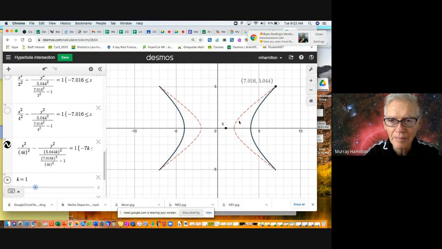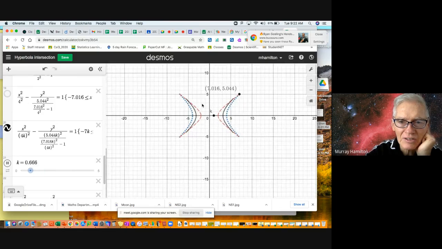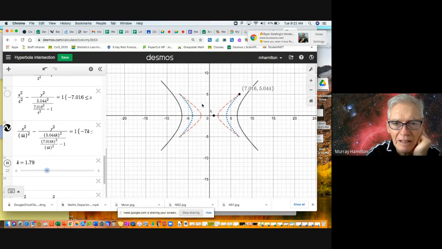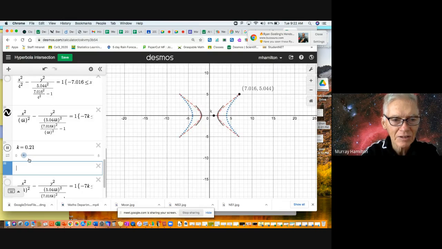And you see it fits in there, but instead of having numbers, I've now got 4k. So that when I play the slider, you see that it now shifts smaller and bigger. So I've set the slider to go from 0 to 5. And you can see the graph is changing as it goes bigger and smaller. So that's what we're asked to do, is to find that. Let's leave k at 1. Stop.